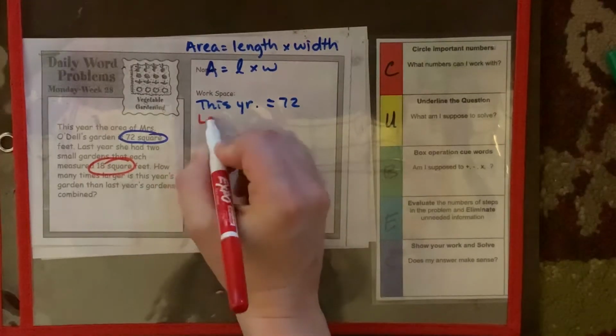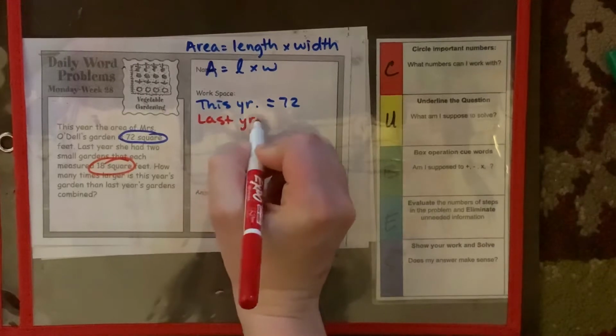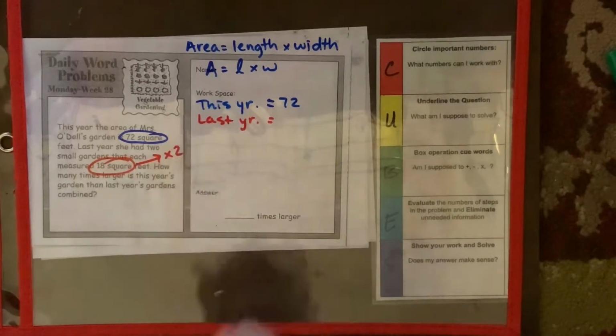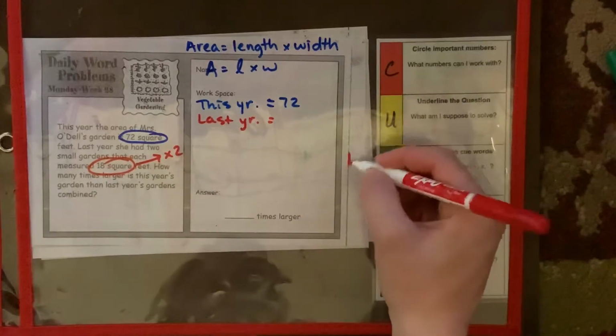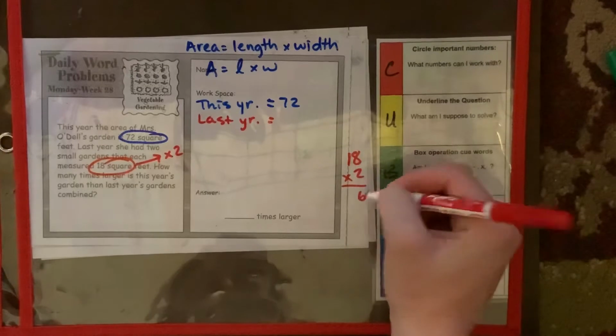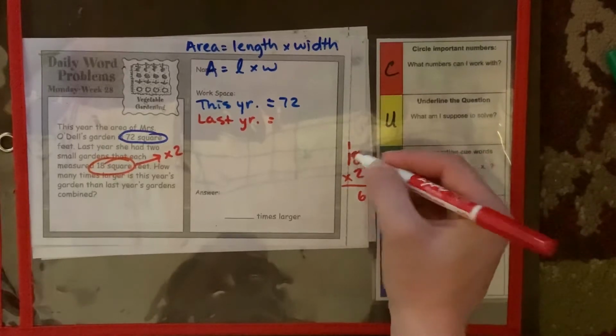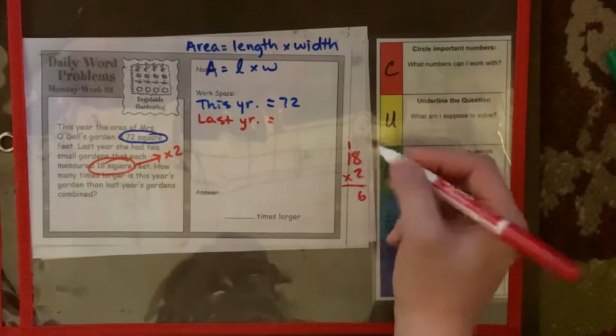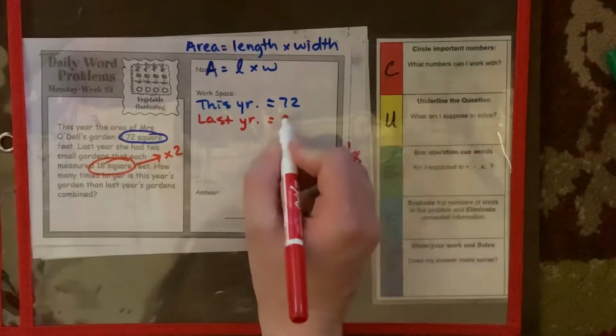So last year, we're gonna take our 18 and we're gonna multiply it by 2 because there's 2 of them. So 18 times 2, 8 times 2 is 16, carry the 1, 2 times 1 is 2, and then there's that 1 we have to add, so 2 plus 1 is 3, so we got 36.